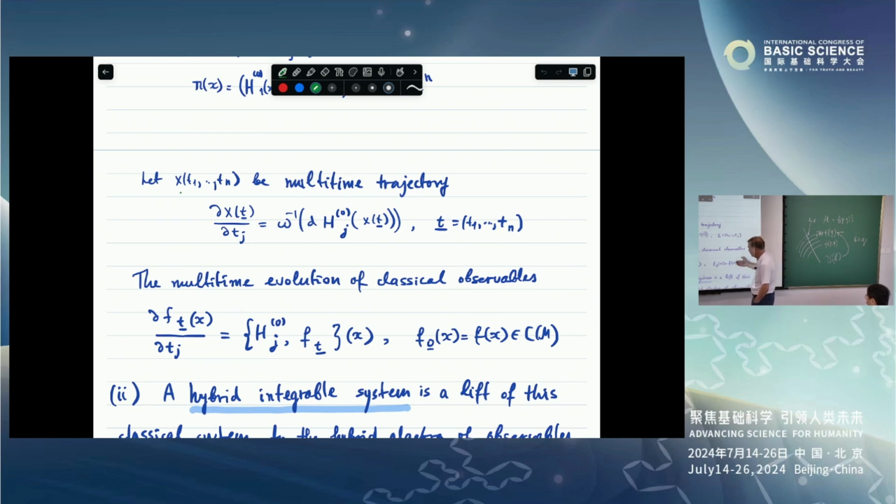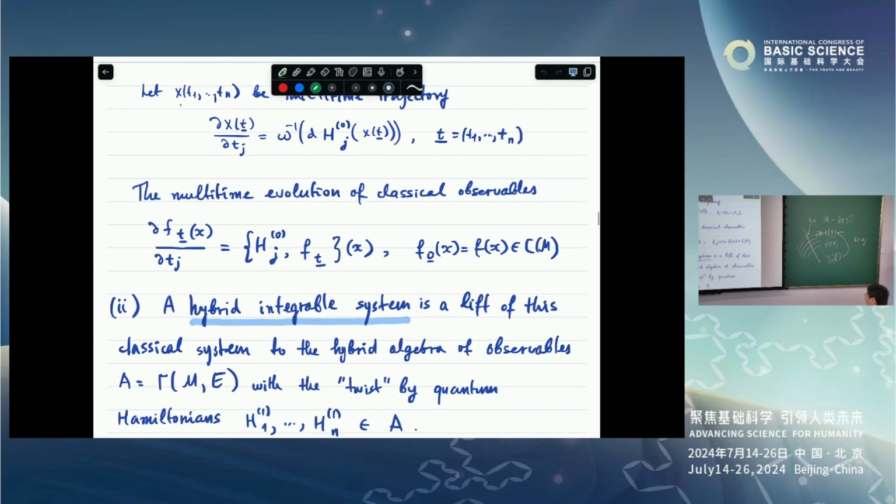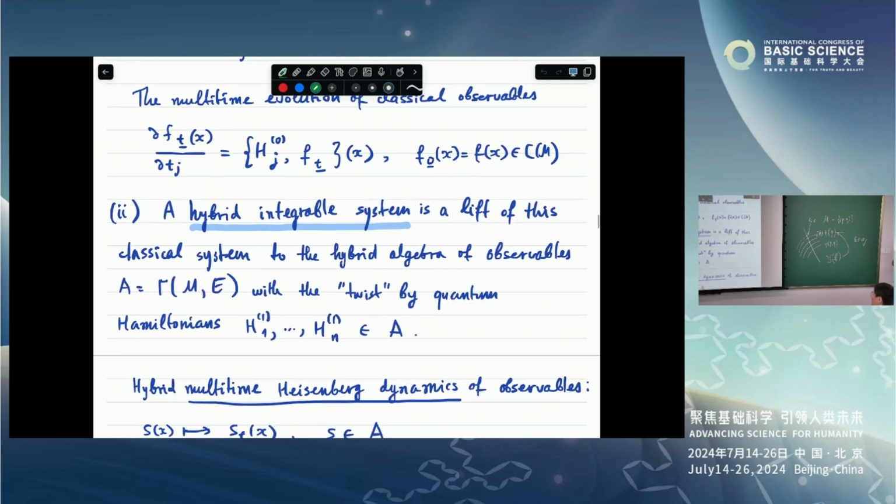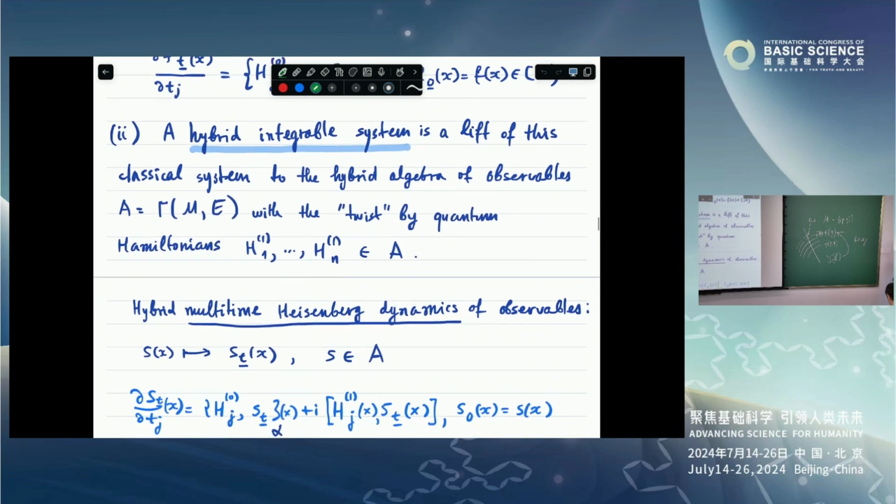And now you have the classical dynamics for classical observables. And a hybrid integrable system is the lift of this multi-time integrable dynamics to the algebra of observables. But now we also twist the dynamics by quantum counterparts, just as we did when we had one preferred Hamiltonian.